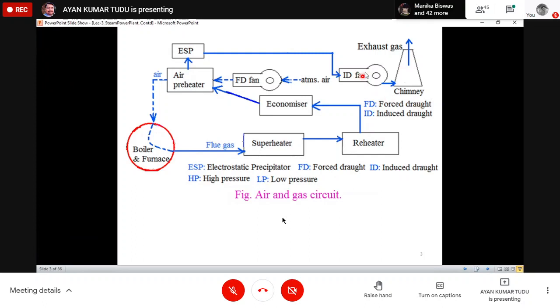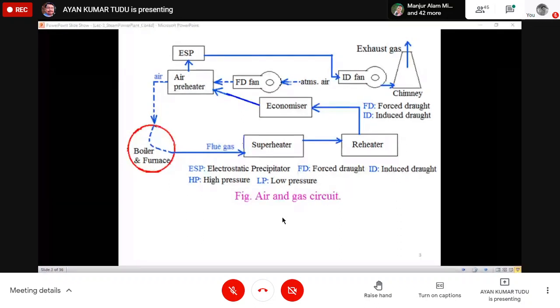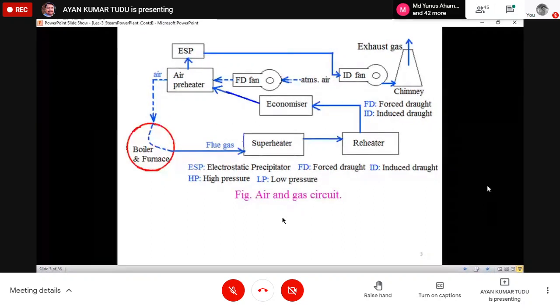And what is the function of this ID fan? As you can see from this figure, the function of this ID fan is to maintain a negative pressure within the furnace.